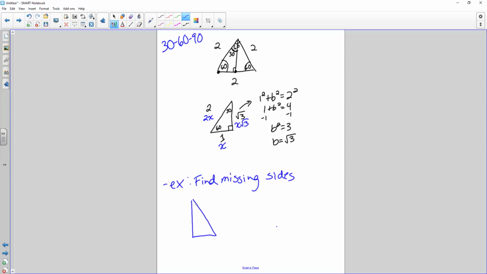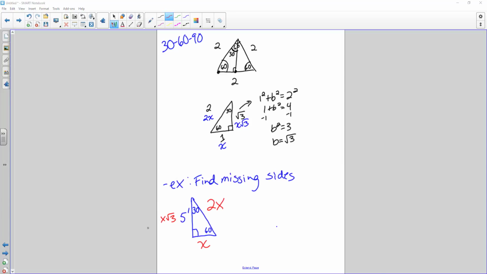So I'm going to put 30 on top, 5 is the vertical, 5 feet, and then I've got a 90 degree angle right here. Okay, so I know 60 degrees is down below. I'm going to put my labels from generalizing down. So across from 30 is always x, hypotenuse is 2x, and across from 60 degrees is x root 3.